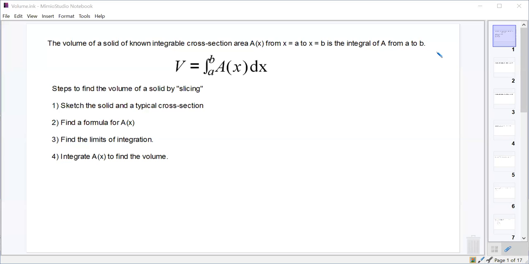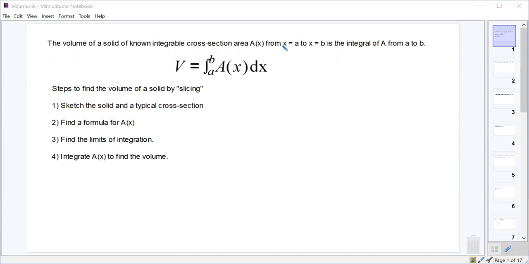And so what we do is we find the area of one typical cross section, just one arbitrary cross section, in terms of x or in terms of y, and then we just integrate across the entire coordinate piece of the coordinate system that we're using.